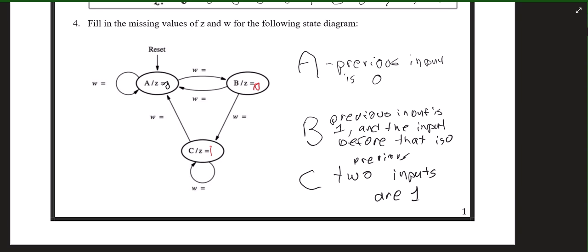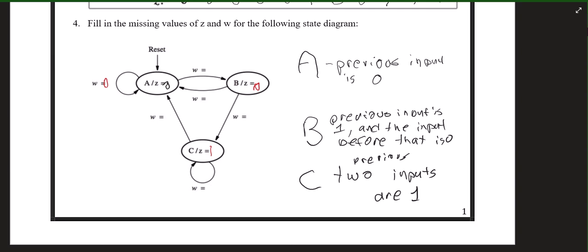My previous input is 0. If my next input is a 0, what state am I going to be in? I'm still going to be in A, because when I get a 0, then my previous input is 0. So when W equals 0, I go back to state A.